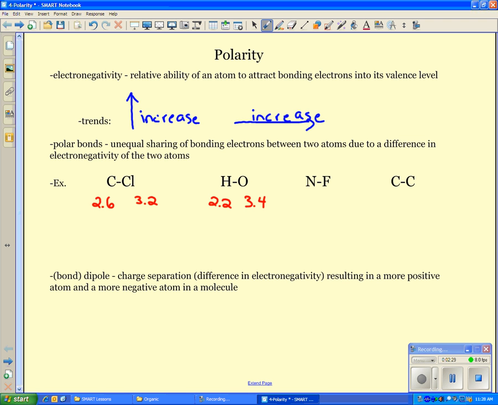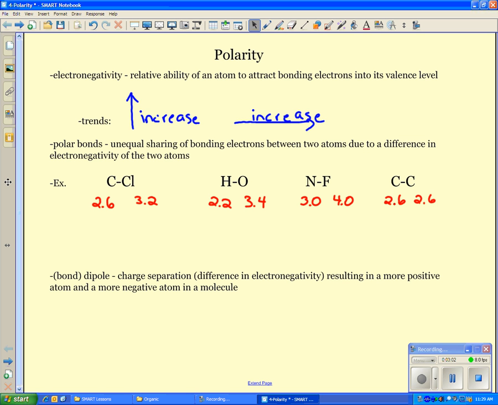Our next pairing, nitrogen, has a value of 3.0, and fluorine a value of 4.0, the highest value on the table. So again, difference in electronegativity, so this is a polar bond. And carbon, if it's bonded to its same element, then we're going to have exactly the same electronegativity values of 2.6. So this would not be a polar bond because our electronegativity values are exactly the same.